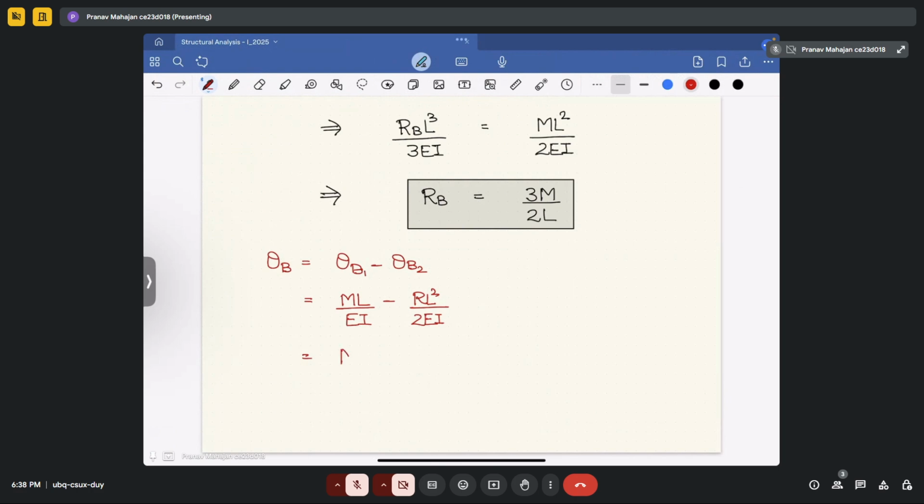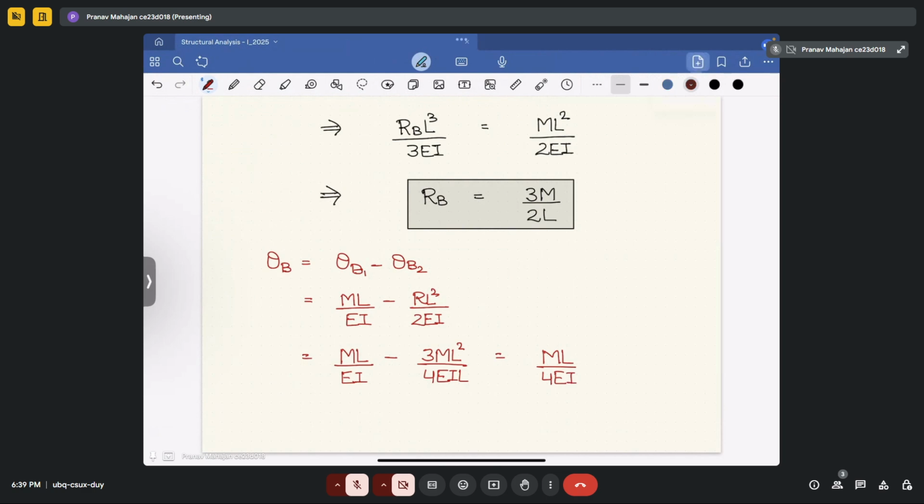It will become ML upon EI minus 3M L square divided by 4EI into L. That will be equal to ML upon 4EI.